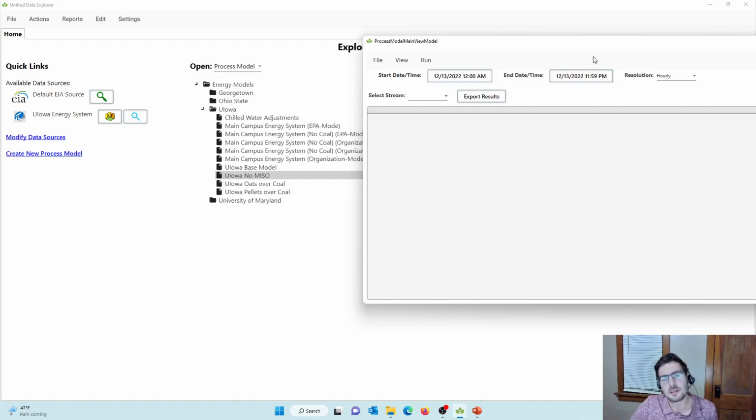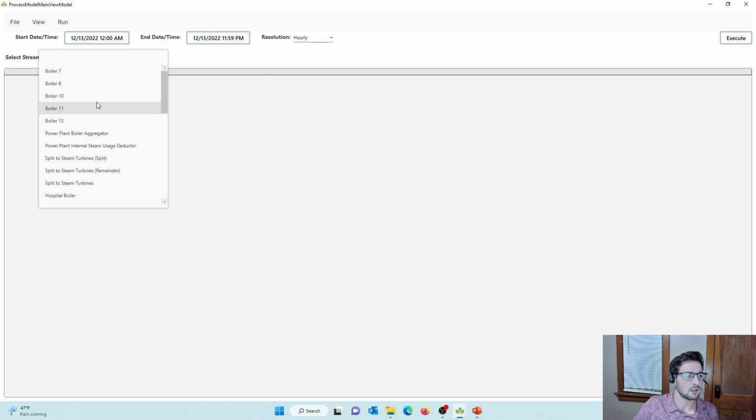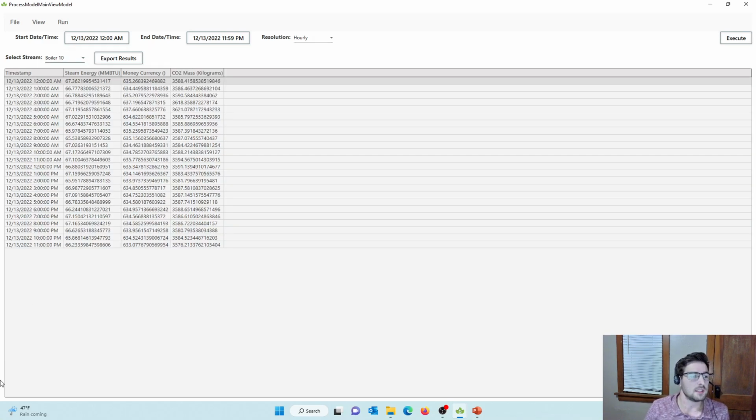So, okay, our model's executed, and from here we can investigate what our data looks like at every node in the network. So if we look at boiler 10, we can see, by hour, this is how much steam measured in MMBTUs that boiler 10 produced, and this is the money that it cost us to produce this steam, and this is the amount of CO2 that is associated with this steam.